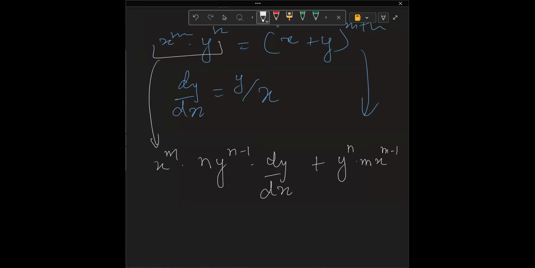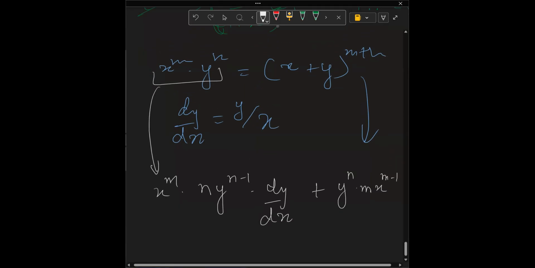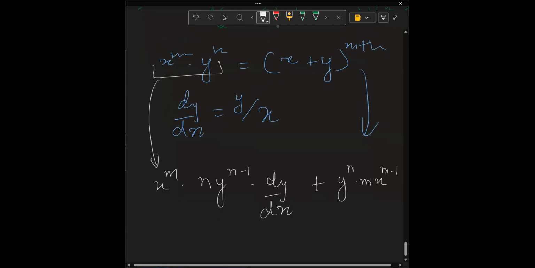Now let's move to our RHS, that is x plus y power m plus n.